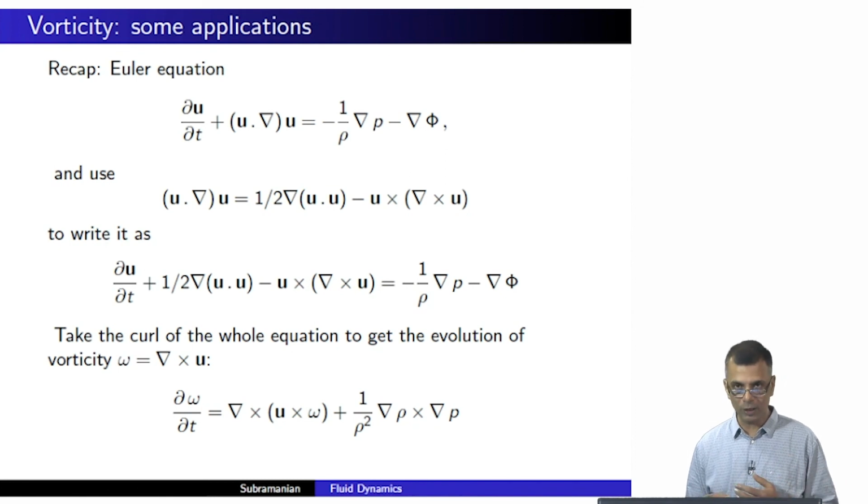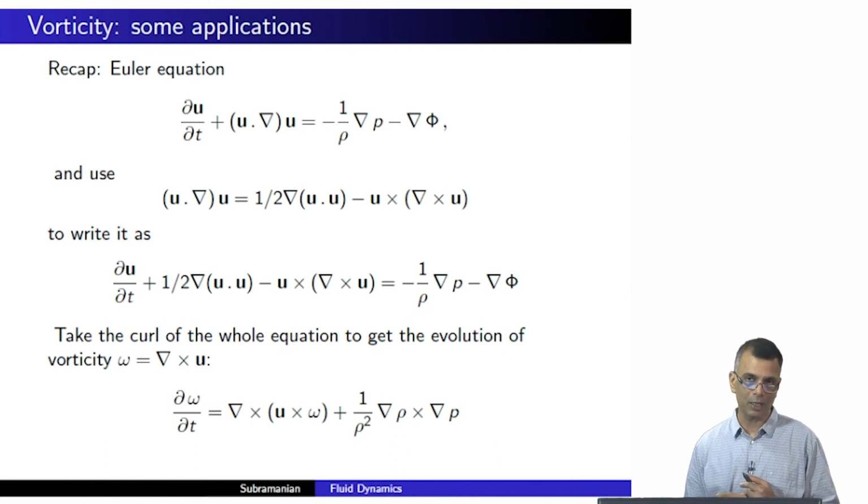Many fluids in real life are barotropic, and in doing so, we will get an evolution equation for this quantity called the vorticity, and that has very nice applications. It's a dynamical equation for the evolution of vorticity, and we will use that equation to illustrate some real life examples, such as the lift on a spinning ball.